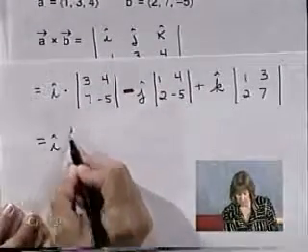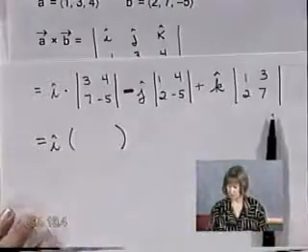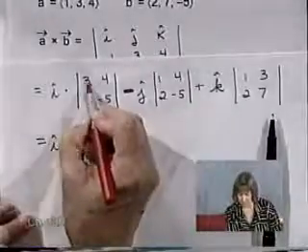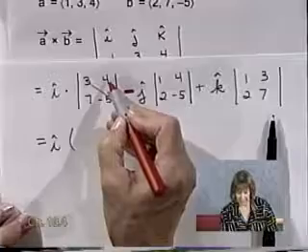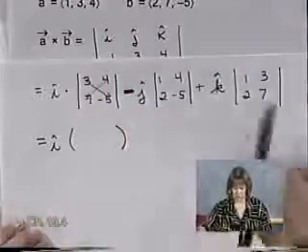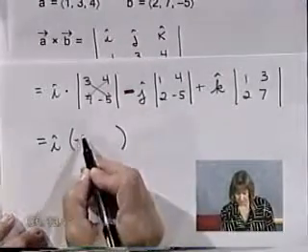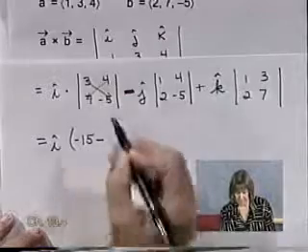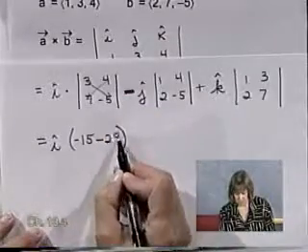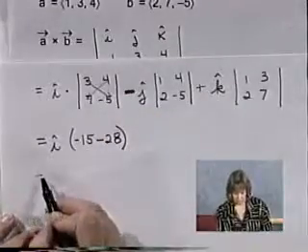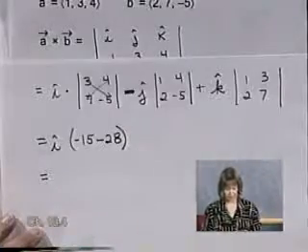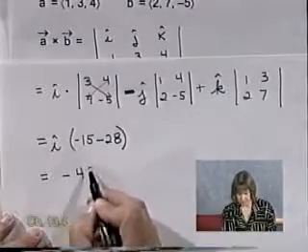So this equals i times, and notice we start in the top left-hand corner and go this way minus this way. So it's 3 times negative 5, which is negative 15, minus 7 times 4, which is 28, which looks like minus 43i.